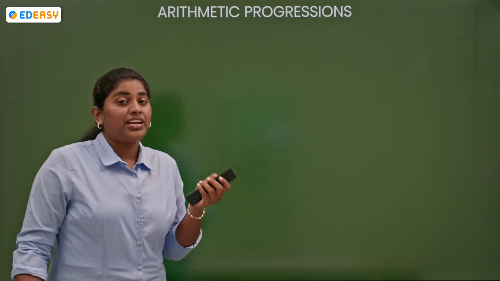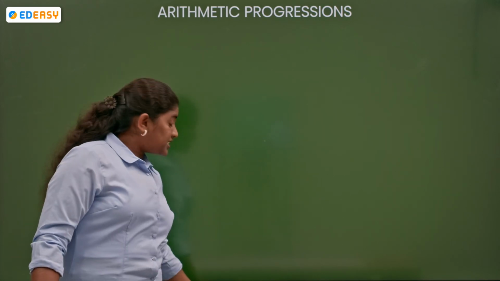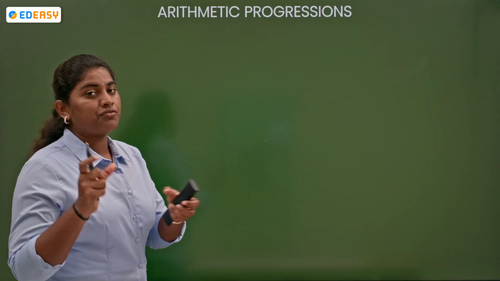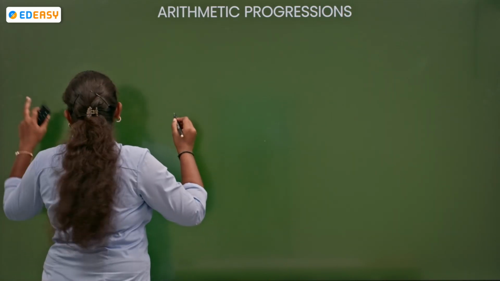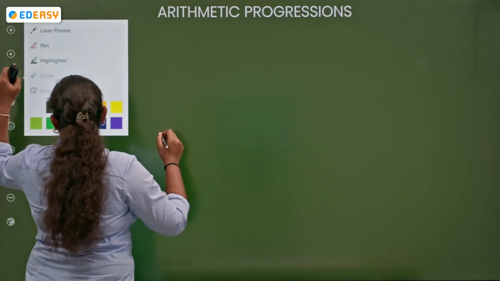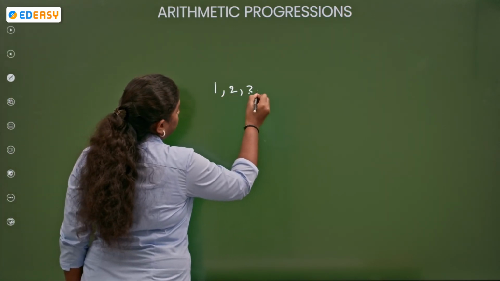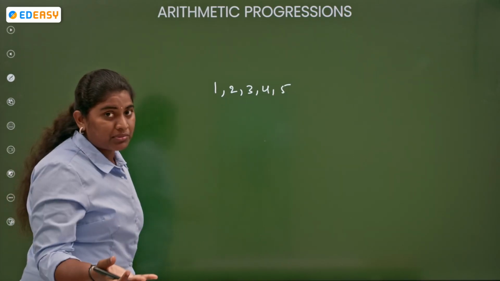Before discussing arithmetic progression, I just want to let you know that if I am taking a list of numbers, for suppose 1, 2, 3, 4, here I am taking a list of numbers.